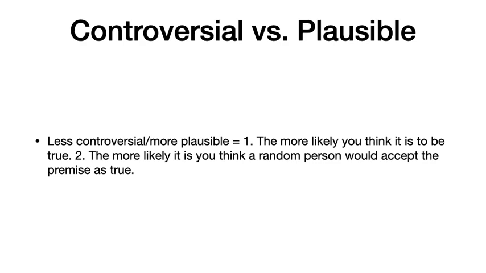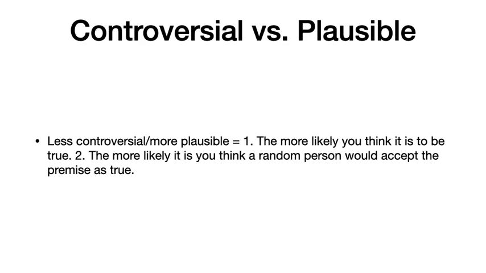The more likely that you think a premise is to be true, and the more likely it is that you think a random person would accept it as true. A plausible premise is one that you think is certainly true, and you think that any person you picked out on the street would accept it. And we can kind of draw a spectrum with these.